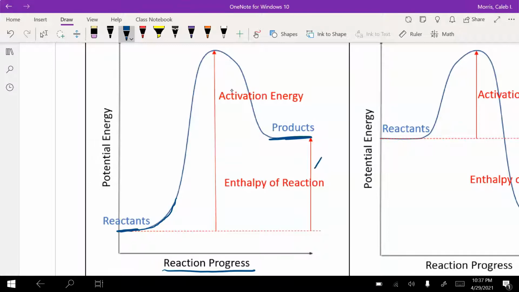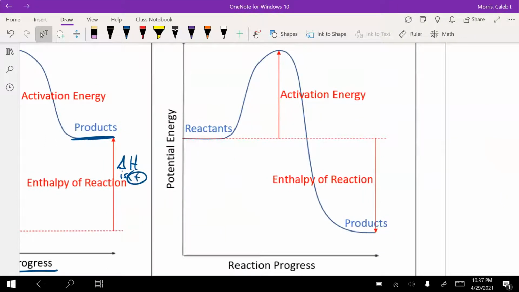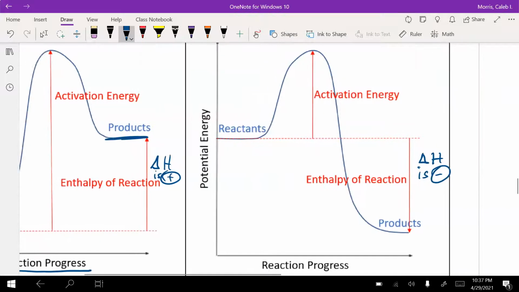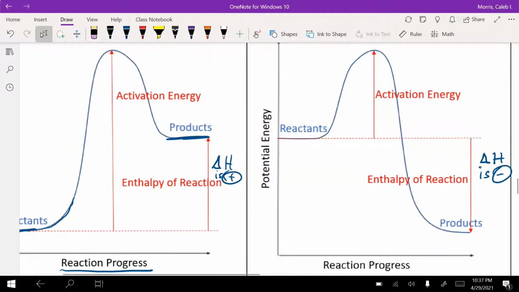So delta H is positive. That's an endothermic reaction. If you look at the exothermic reaction, you see how we've got an arrow pointing down. That's because in this reaction, and we'll come back to this, delta H is negative. Heat is being released by the system. That's why the potential energy diagram, the reactants to the products, there's an overall drop.